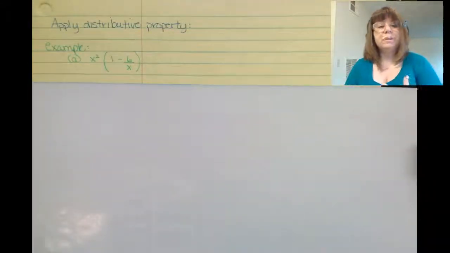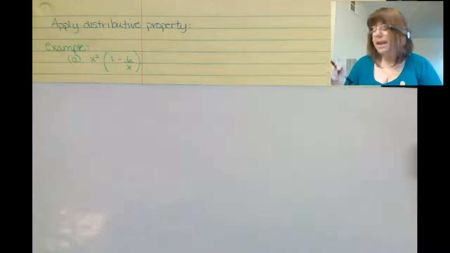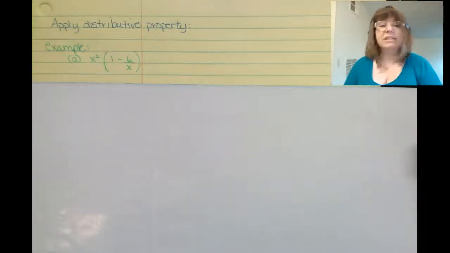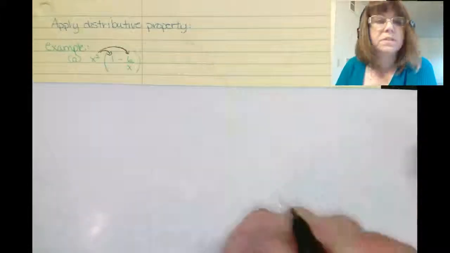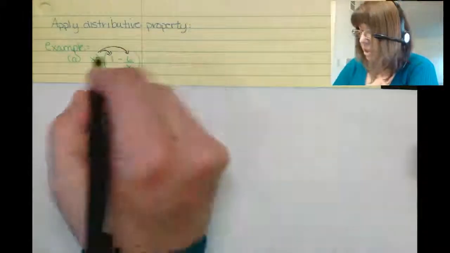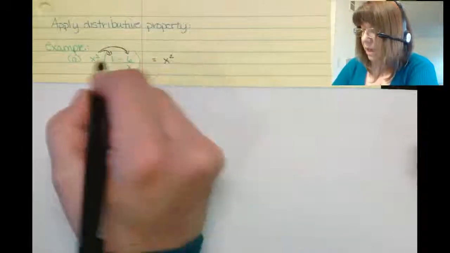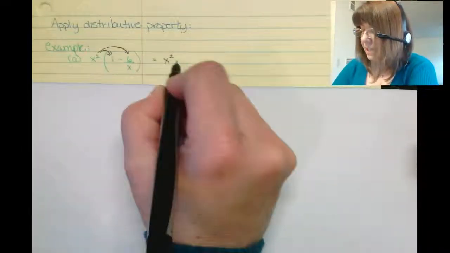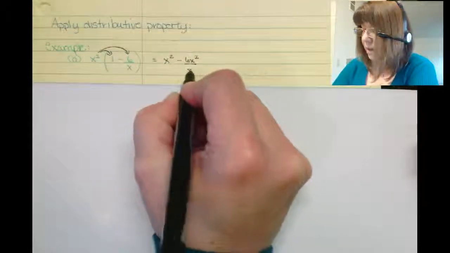Let's work with our distributive property and use our multiplication and simplification to work through an example. X squared times the quantity 1 minus 6 over x. So I'm going to distribute the x squared to both of the terms in the parentheses. So x squared times 1 is x squared. X squared times negative 6 is negative 6x squared all over x.